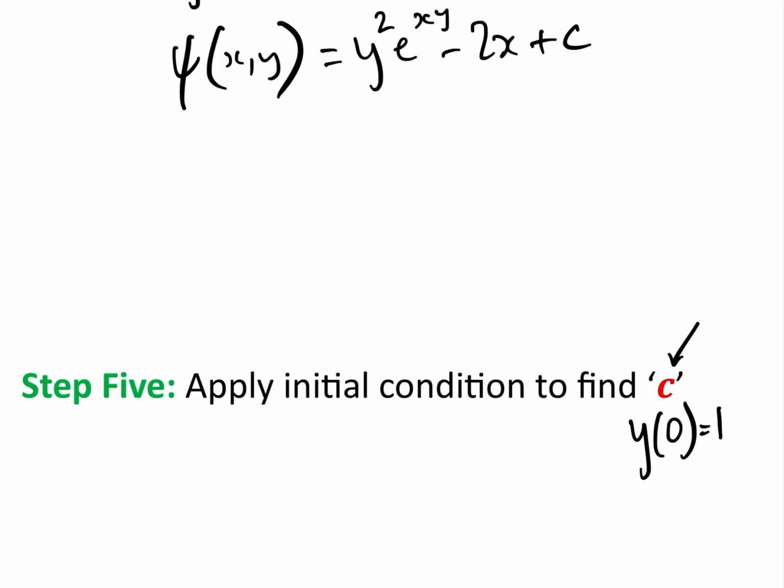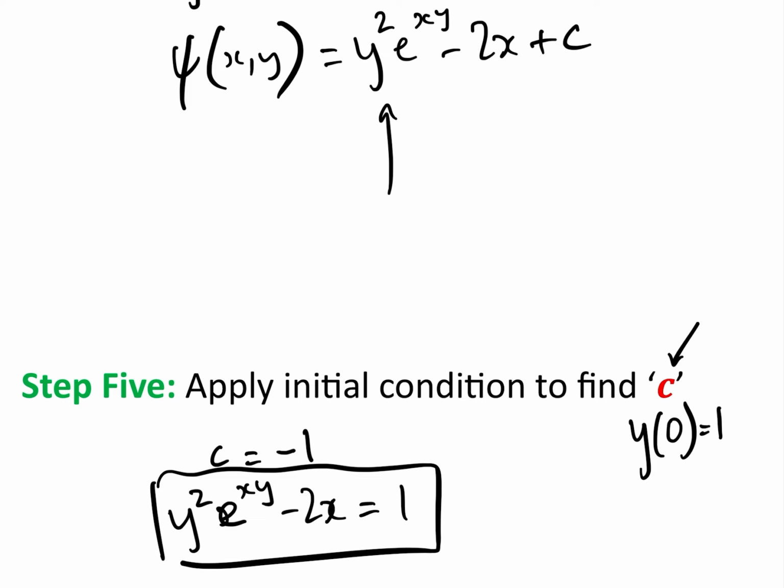We were given that in the question. So putting x equals 0 and y equals 1 into that, we get that c equals minus 1. And so our implicit solution is y squared e to the xy minus 2x equals 1. And that is the answer to the question.